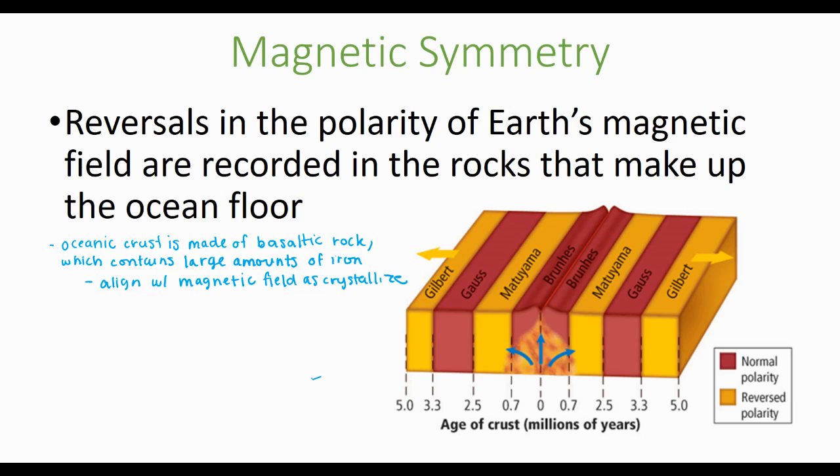And what you can see here is that we have the ridge in the ocean. And then on either side of the ridge, we have the different polarities that were in place.